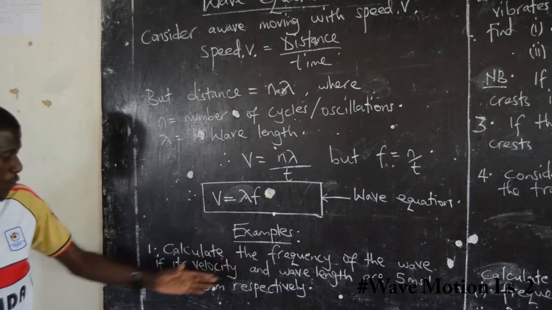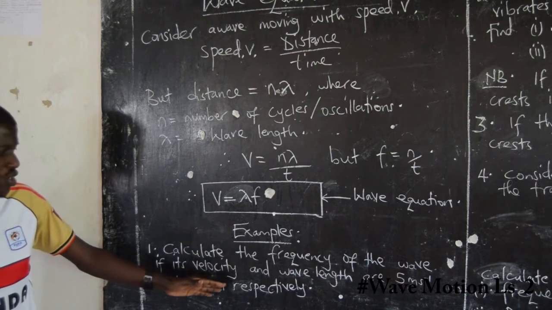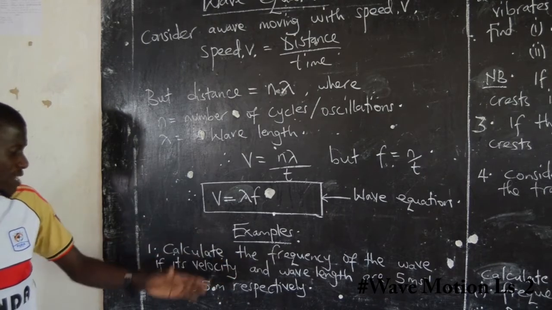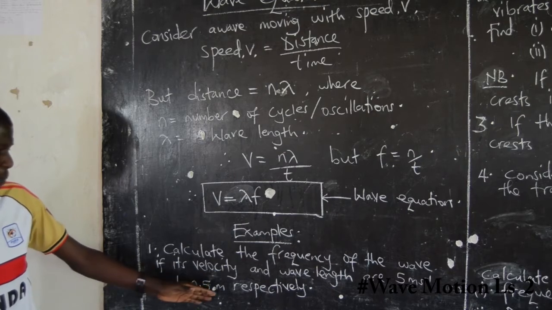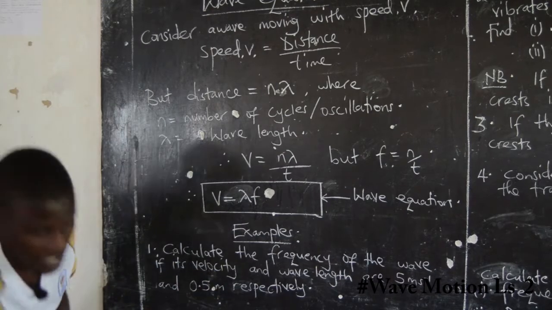Calculate the frequency of the wave if its velocity and wavelength are 5 meters per second and 0.5 meters respectively.